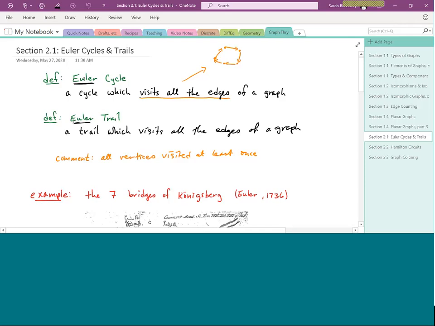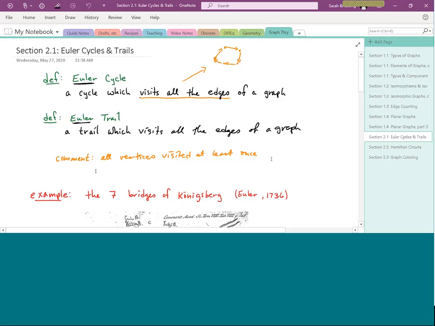In terms of Euler cycles and trails, you're looking at either a cycle or a trail that visits every single edge in your graph. The key thing here is you're trying to travel across every single edge in your graph. Both a cycle and a trail do not allow you to cross the same edge more than once. So this is literally you're trying to visit every edge in your graph exactly once.